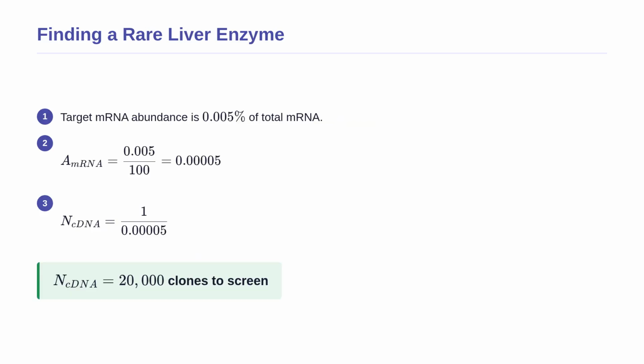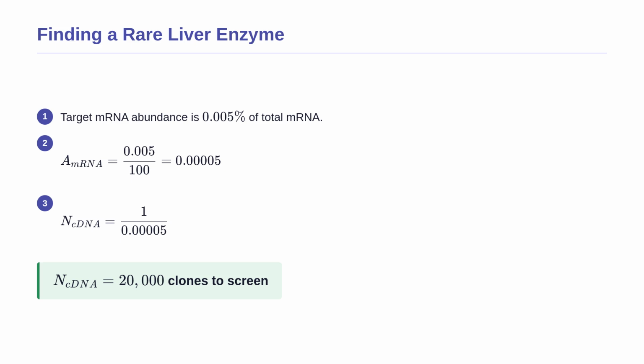Let us apply this formula to a real-world laboratory scenario. A researcher is looking for a specific metabolic enzyme's gene in a human liver cDNA library. We are given that the mRNA for this enzyme is quite rare, making up only 0.005% of the total mRNA. First, we must convert this percentage into a decimal fraction because mathematical formulas require raw probabilities.